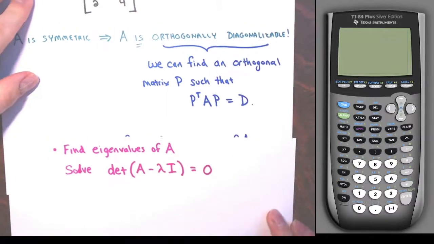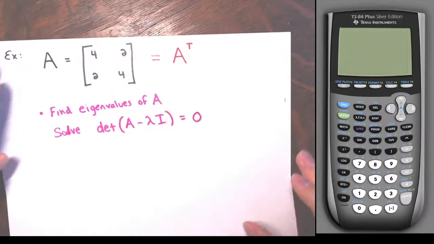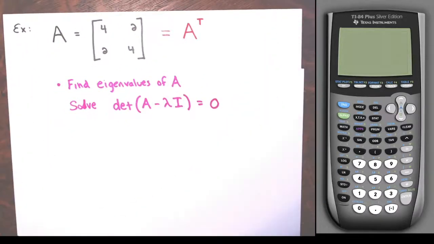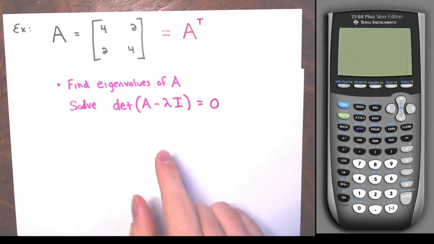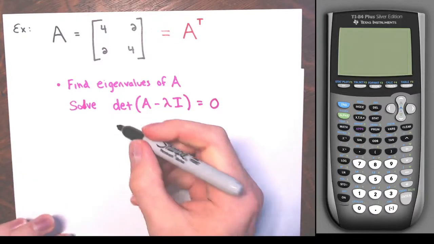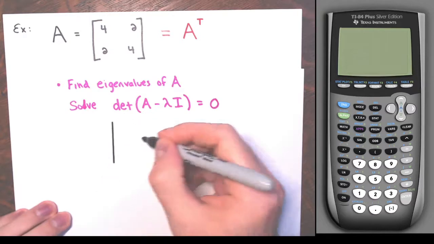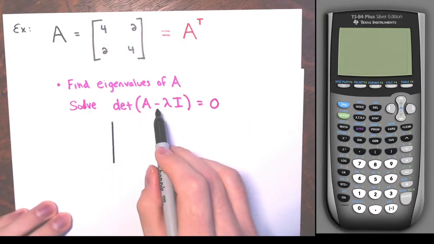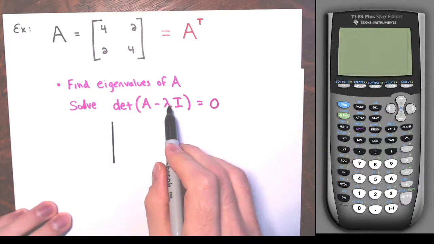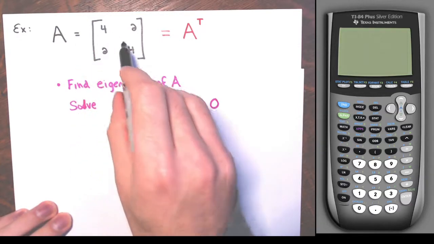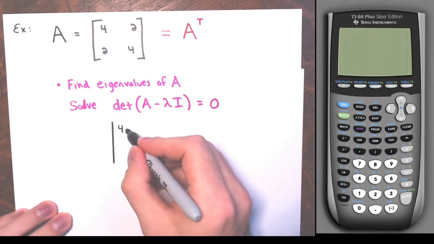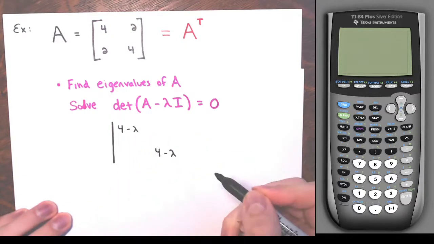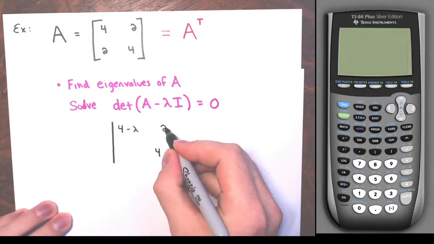Let's go back up to what A looks like. And A minus lambda I, the determinant, is this, with the bar symbol for a determinant. Remember, when you do A minus lambda I, that's just subtracting lambda down the main diagonal. So we've got 4 minus lambda, 4 minus lambda down the main diagonal, and all the other entries remain the same.